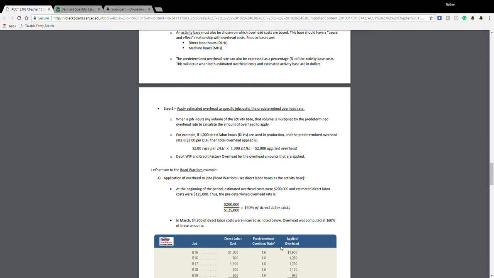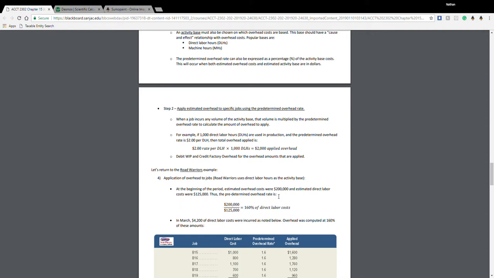So Road Warriors, their managers came together and they're going to use direct labor hours. Now, at the beginning of the period, as we go through the cycle, they actually estimate to do all these security jobs, custom jobs, it was going to cost them $200,000 in overhead. And the estimated direct labor costs were going to be $125,000.